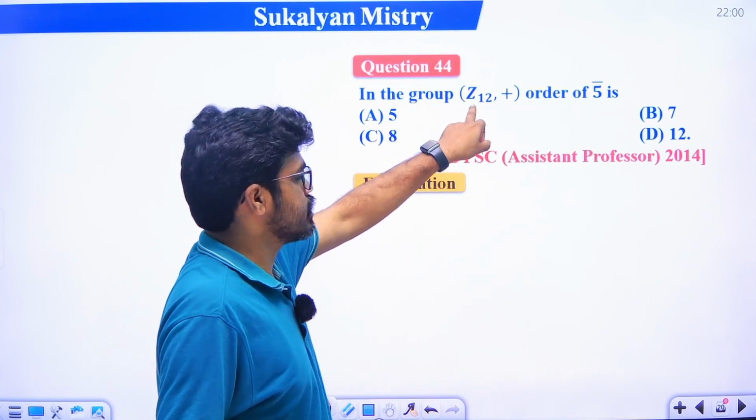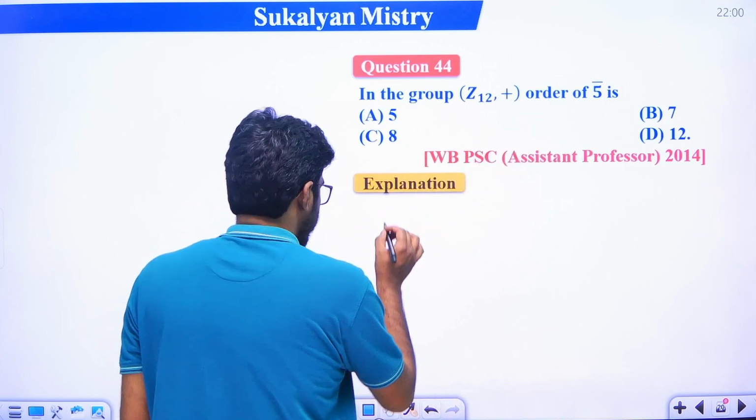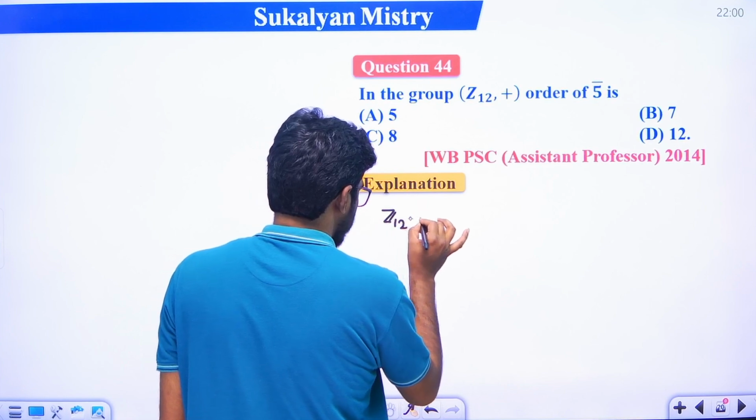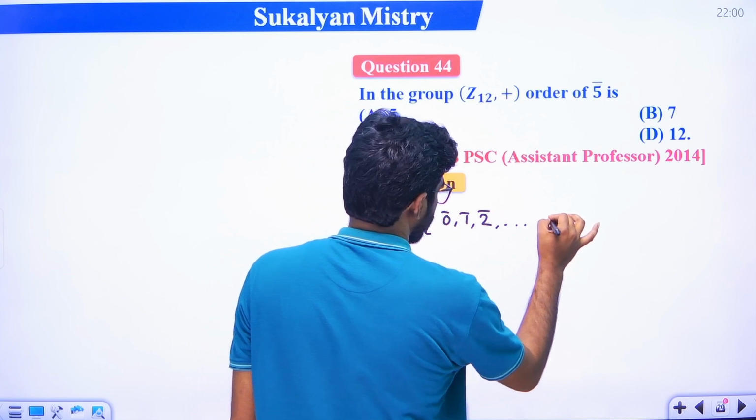Okay, so next problem. In a group Z12 under addition, the order of 5. What are the elements of Z12? 0, 1, 2, up to 11.